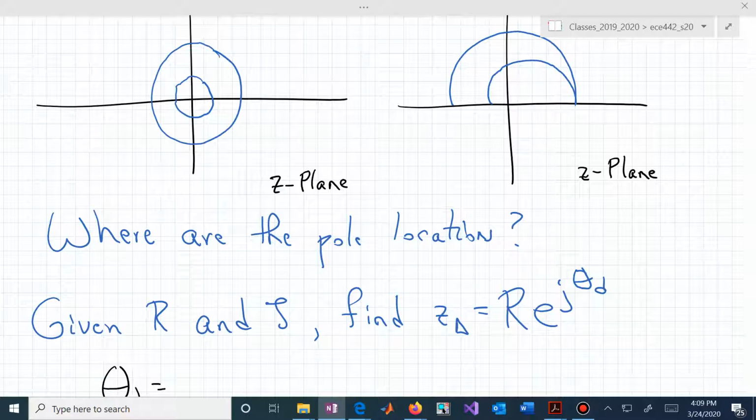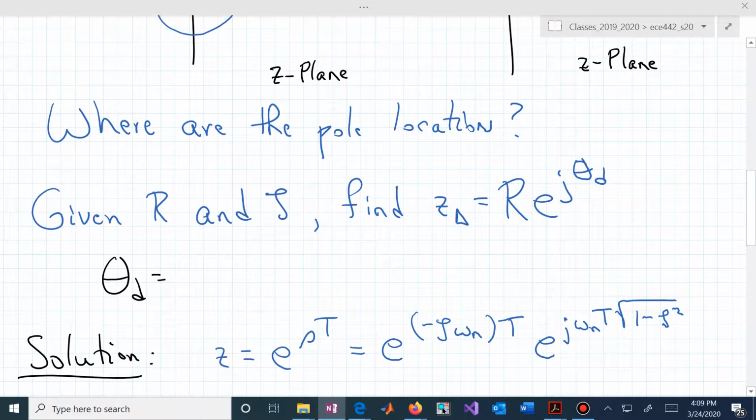But my graphing skills might be a little bit limited, so can we actually find a numerical value for z sub delta once somebody specifies an r and a zeta? Or can we translate r and zeta into a theta sub d? That should be easy enough. Since we're given r, we can find the amplitude or the radius of the circle. But now we want to specify theta sub d in terms of r and zeta, because nobody gave us a peak time, so they didn't explicitly provide us with an angle theta sub d.